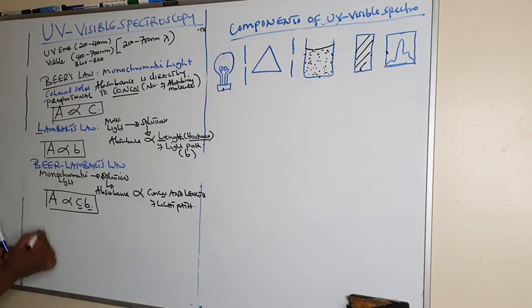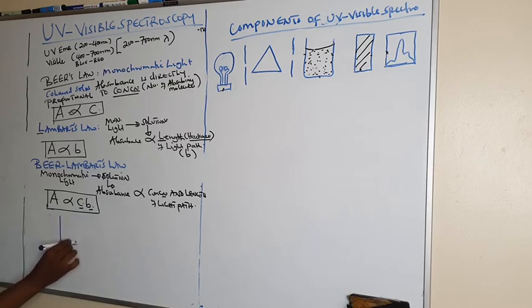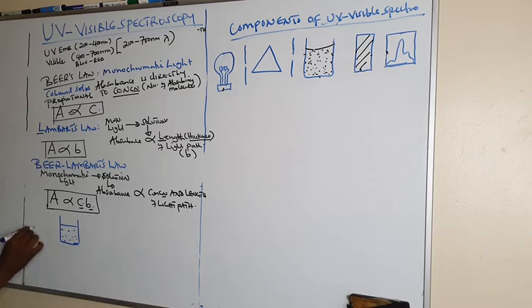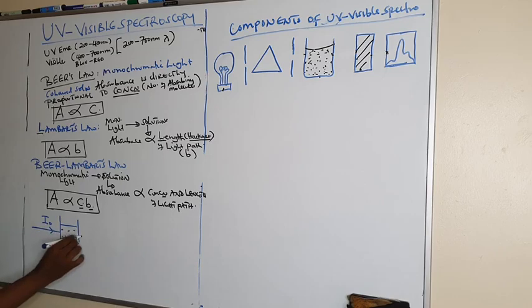But in terms of transmittance, if we define it in terms of transmittance, we normally say, if this is a sample holder and here there is a solution which is well mixed, and the light coming in is the incident light, denoted as I naught. Some of it is absorbed and another is transmitted.